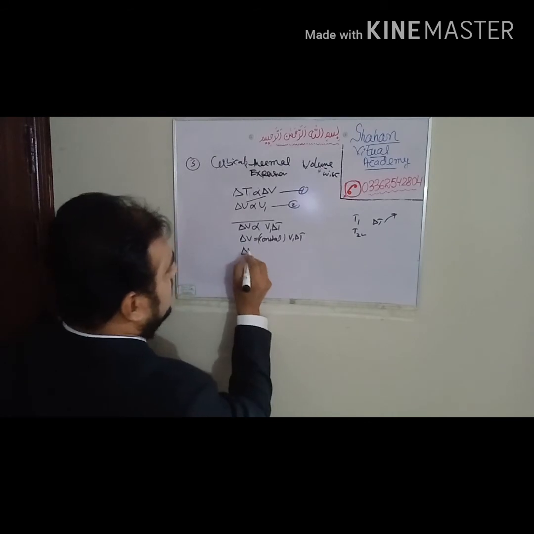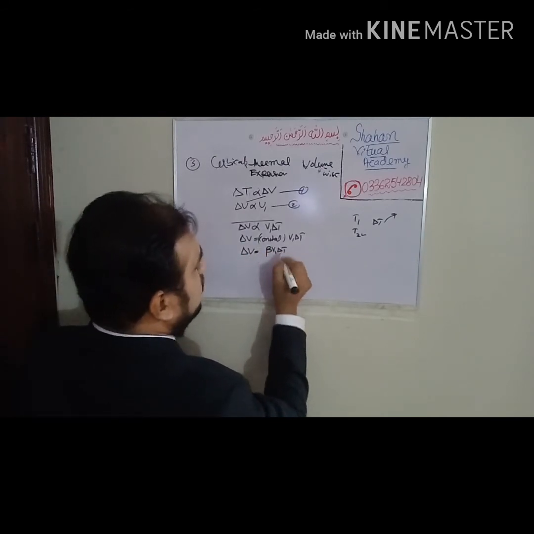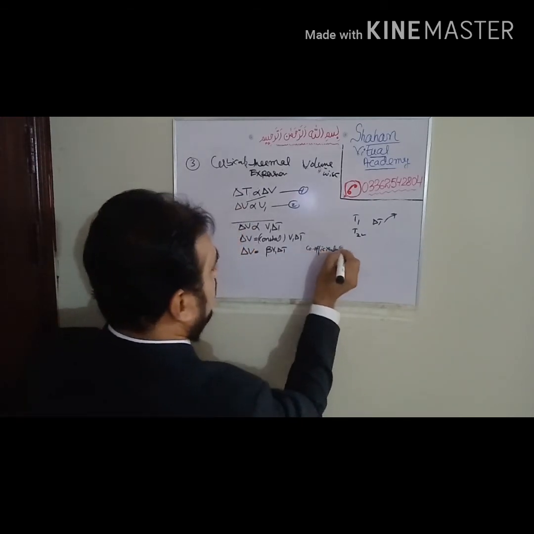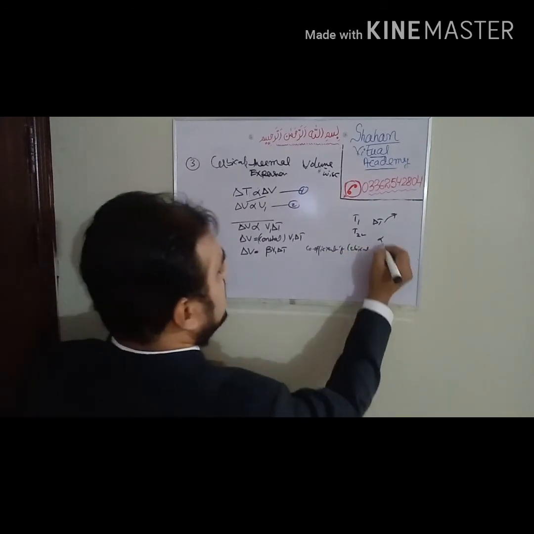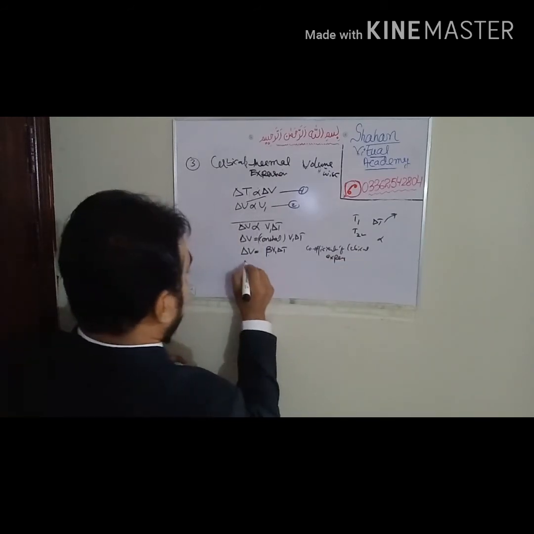So here, when we remove the proportionality, a constant will come: delta V equals beta V1 delta T. So beta is the constant of proportionality, and this constant is called the coefficient of cubical expansion. What is alpha? The coefficient of linear expansion. And how can we define this?